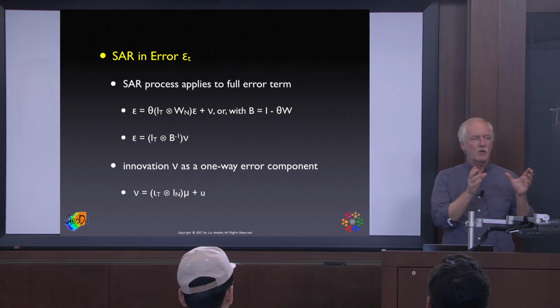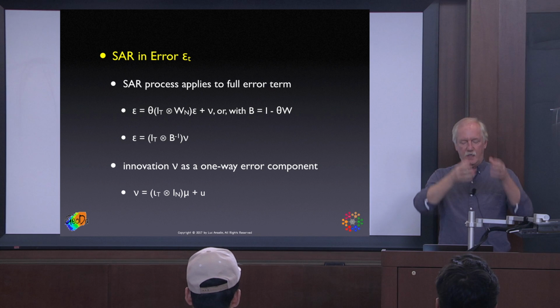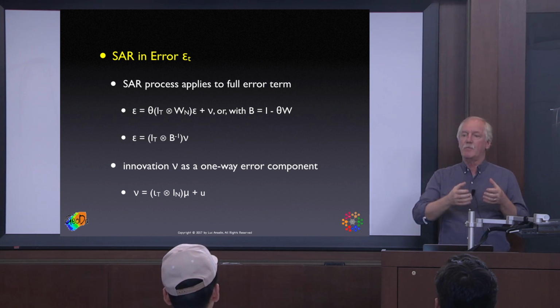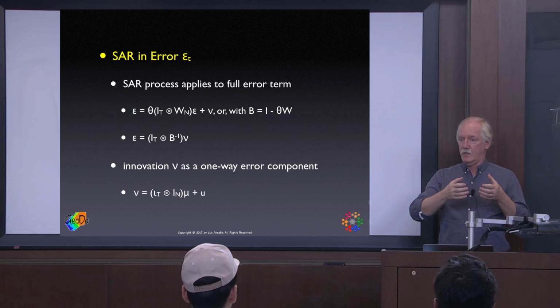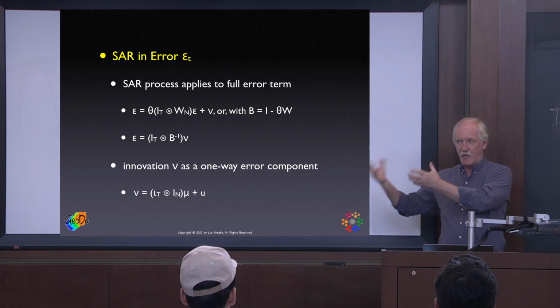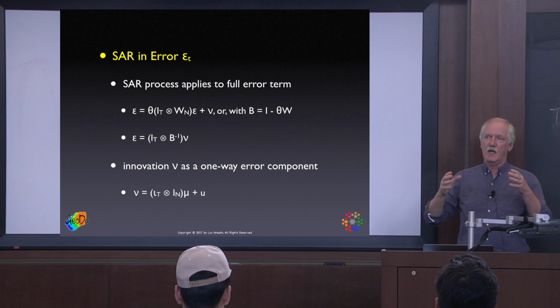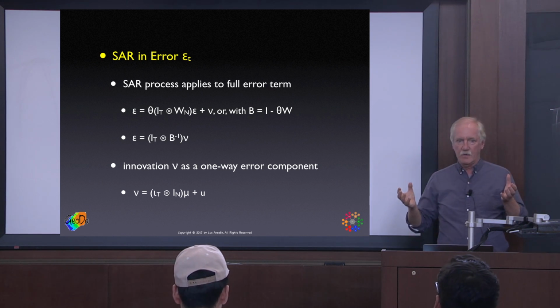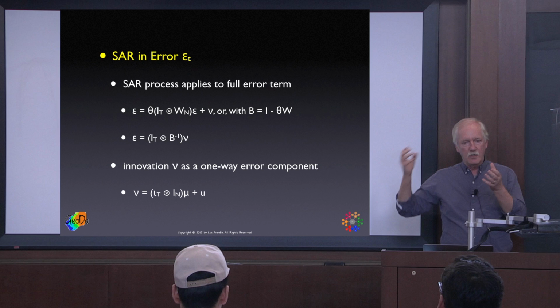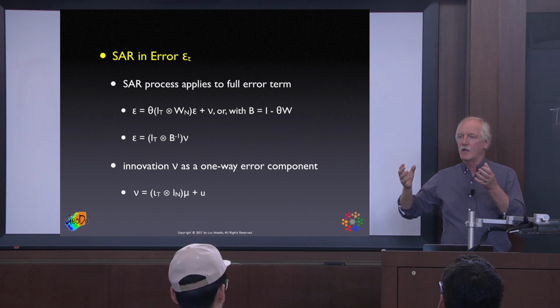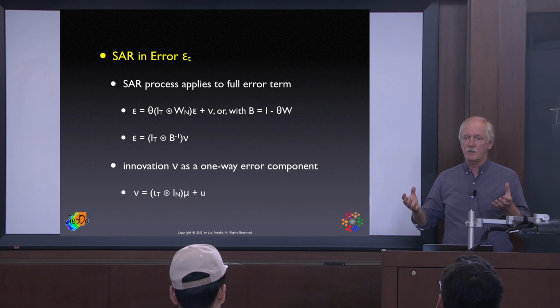In the first model, we keep the random effect uncorrelated, and then whatever spatial effects is in whatever is left. Here we say the whole thing, the random effect plus whatever is left, is spatially correlated.